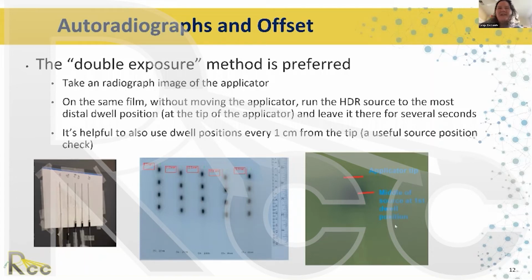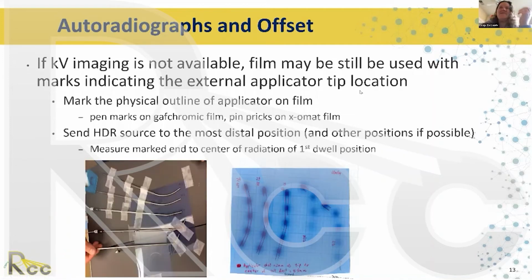Okay, next slide, please. And that's why we do it: we figure out the things we don't quite know. If you don't have kV imaging and you didn't know how to do it with electrons, I've seen people just do it with films, marking the external applicator tip location. You can see here the very fine drawing of the applicators on paper.